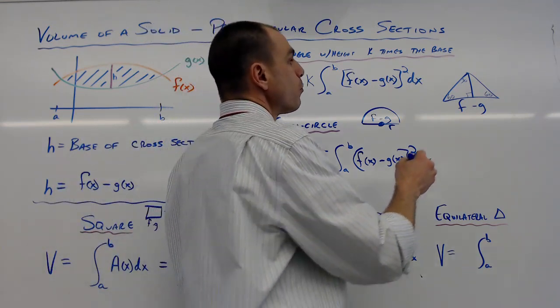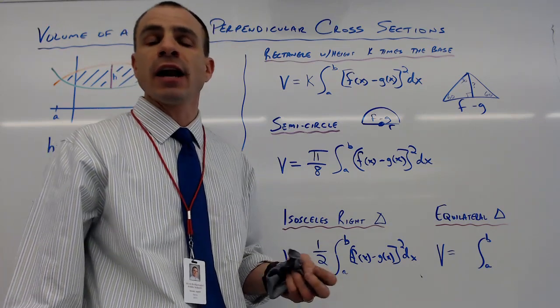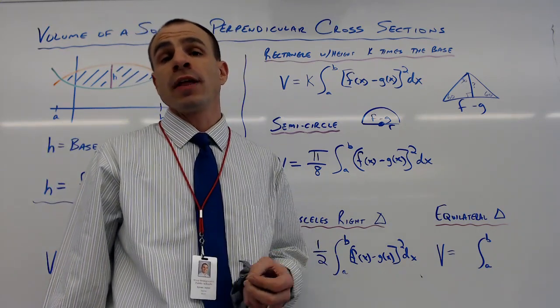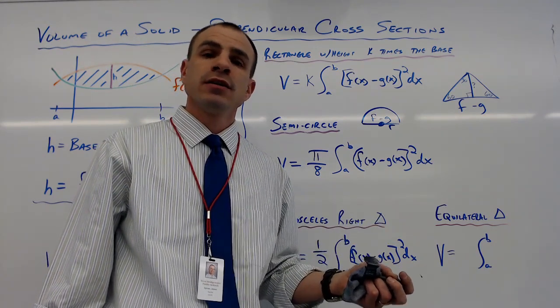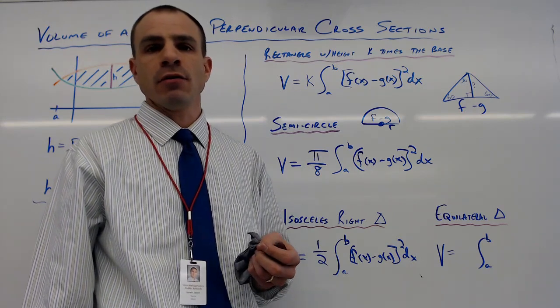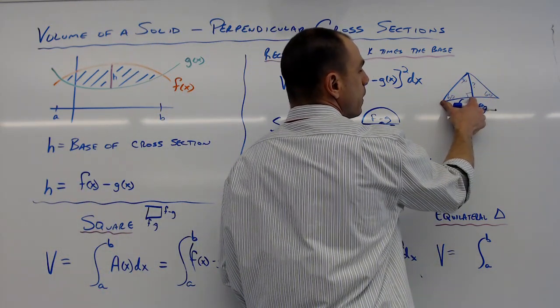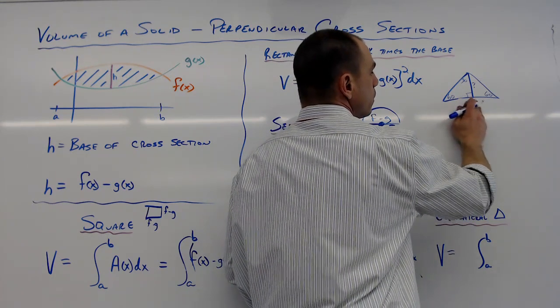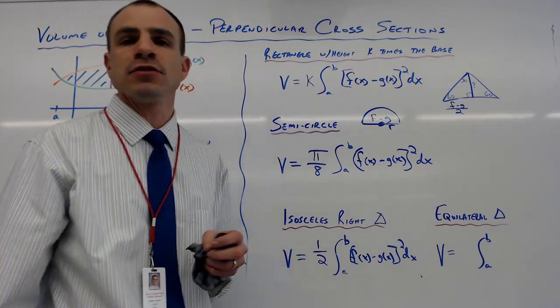All right, so we need the height. We're interested in that length right there. That's the side opposite the 60. We know that that side opposite the 60 is the square root of 3 times the length of the side opposite the 30-degree angle. All right, so here's my 30-degree angle. I want that distance right there, which is going to be not the entire way f minus g, but rather just halfway.